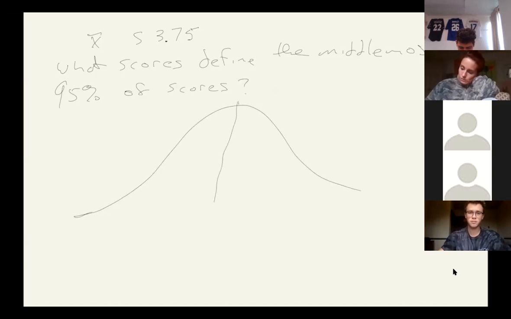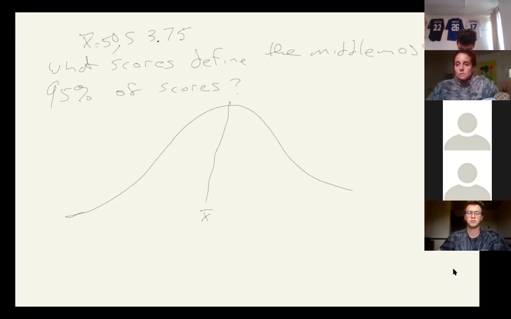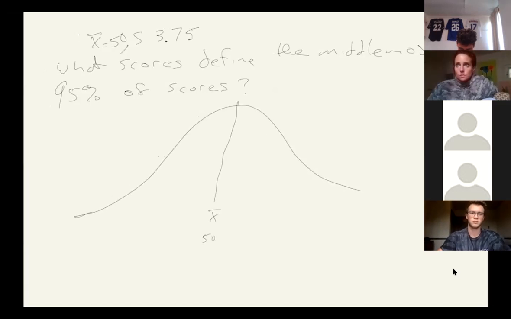So here's the mean, which, as we said, was 50. We want the middlemost 95%. When you want the middlemost of something, you have to cut out the outermost of something. And if you want it in the middle, you're going to have to cut out the same amount from the top as you are from the bottom.